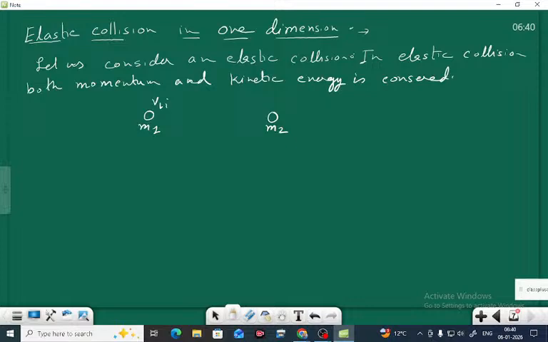This is at rest first, that is, v2 initial is at rest first, right? After that it goes, right?